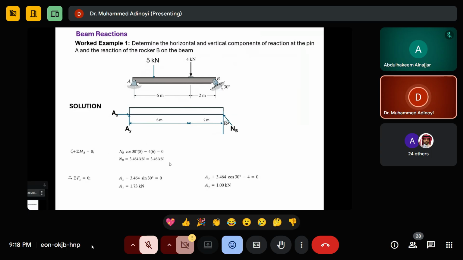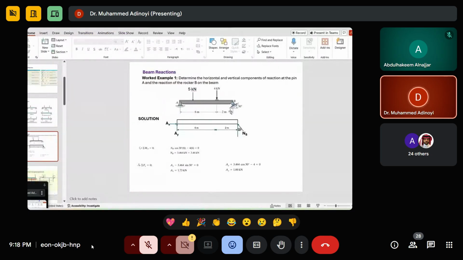Then you now apply your equations of equilibrium, which we always say you should take at the point where you have more unknowns. So we have two unknowns here, AX and AY, and then we have NB here. This free body diagram is not complete. When you draw the free body diagram, we're supposed to have something here.